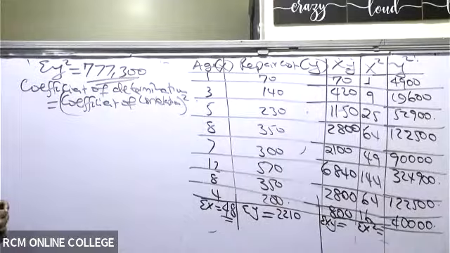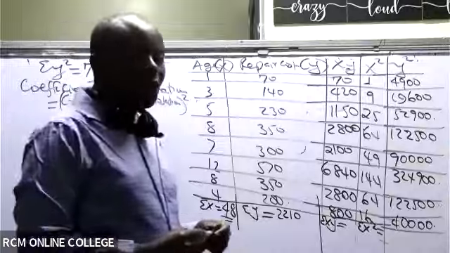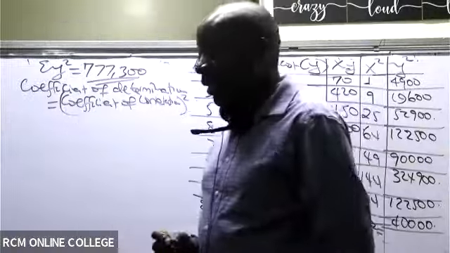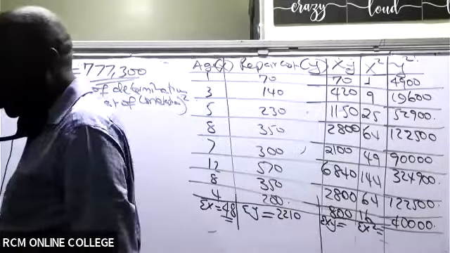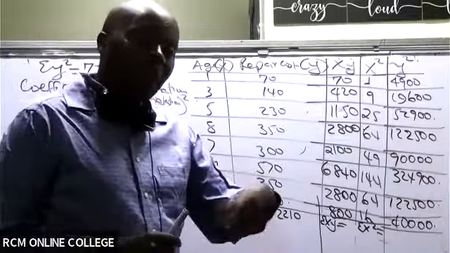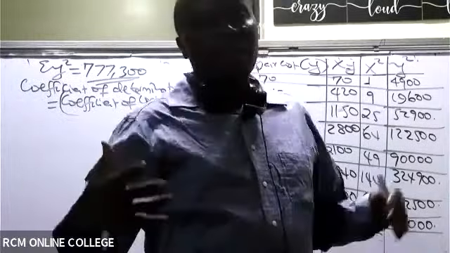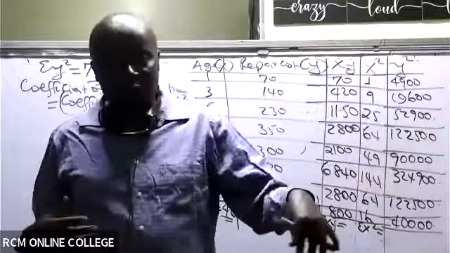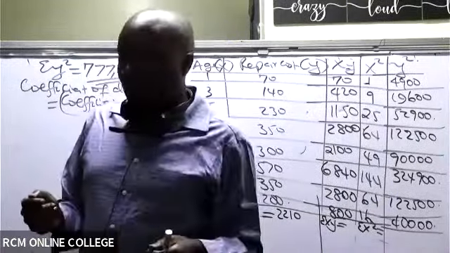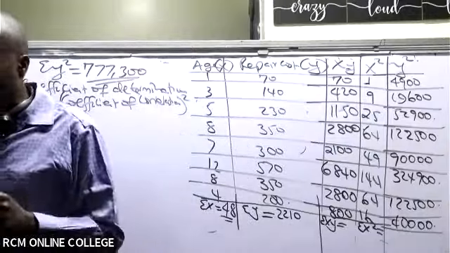Anytime they ask you for the coefficient of determination, remember that it is a child of the correlation coefficient. You simply square the coefficient of correlation to get the coefficient of determination.